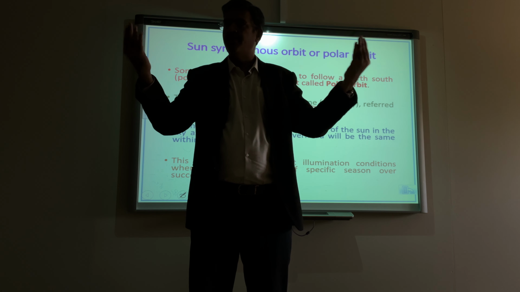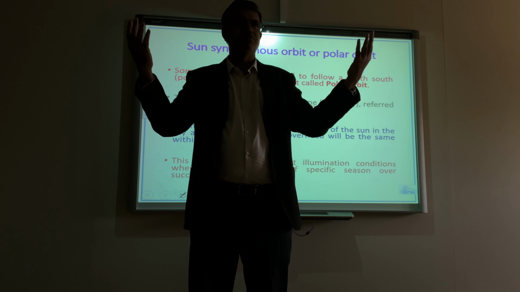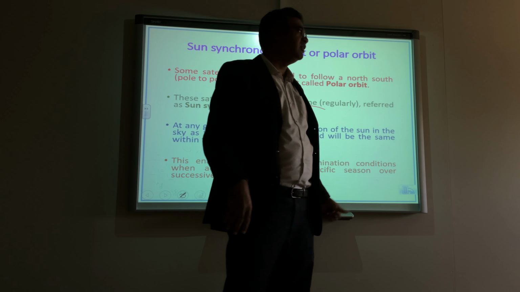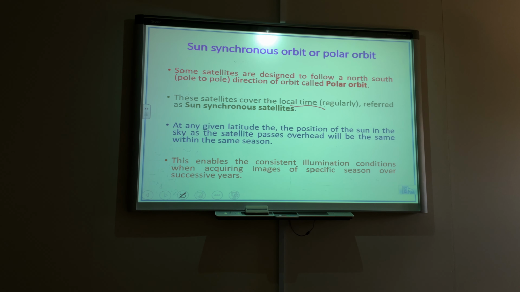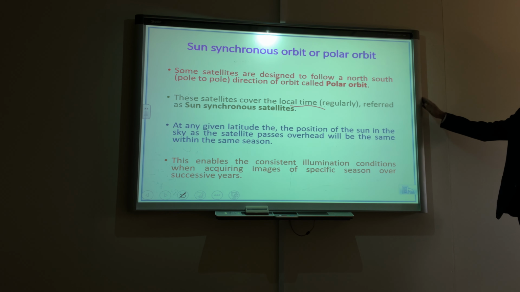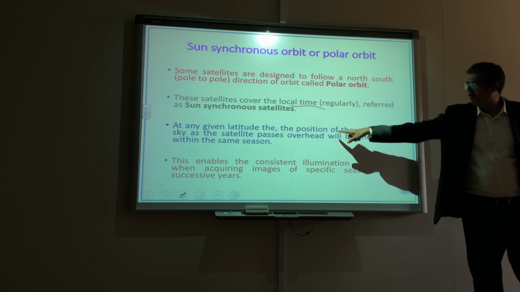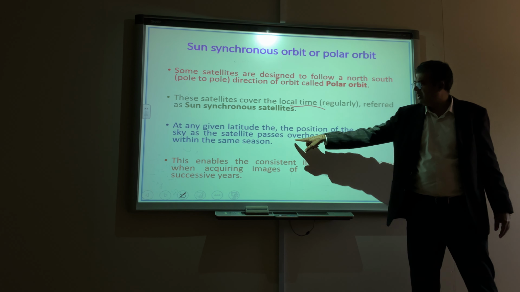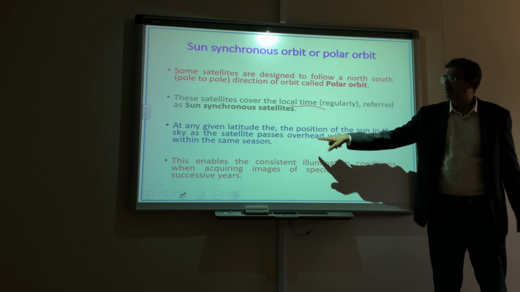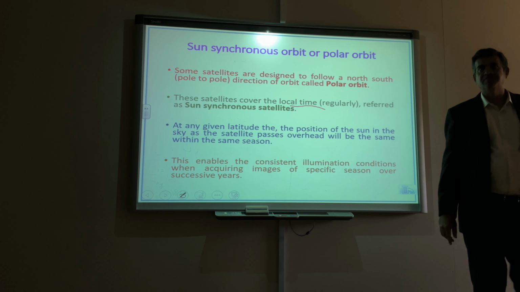So comparison between the two images becomes easier. This is the function of the sun synchronous orbits, or satellites placed in the sun synchronous orbit. At any given latitude, the position of the sun in the sky as the satellite passes overhead will be the same within the same season.